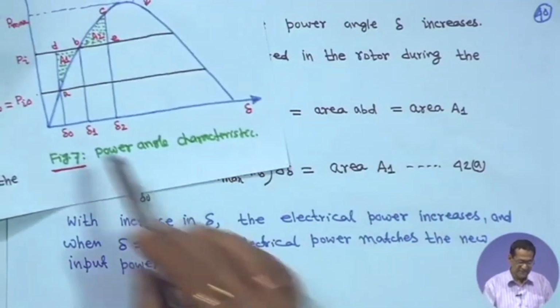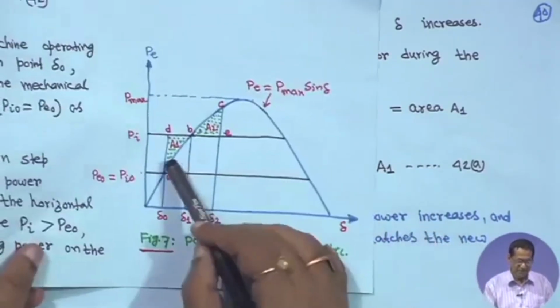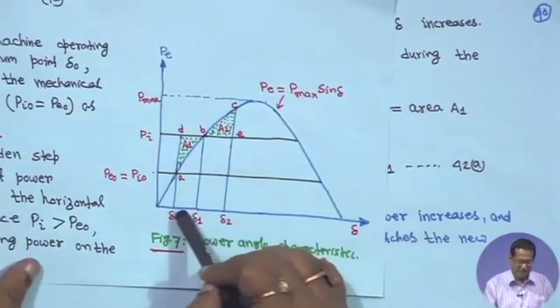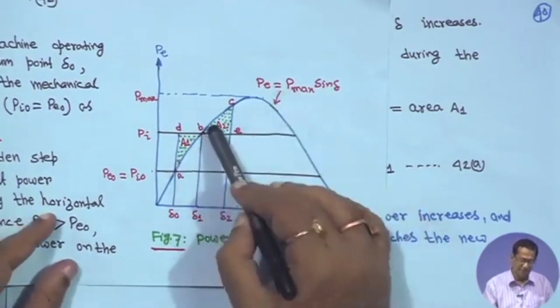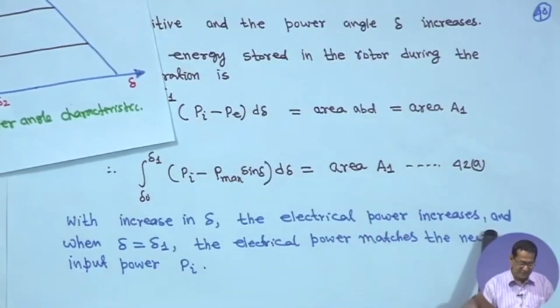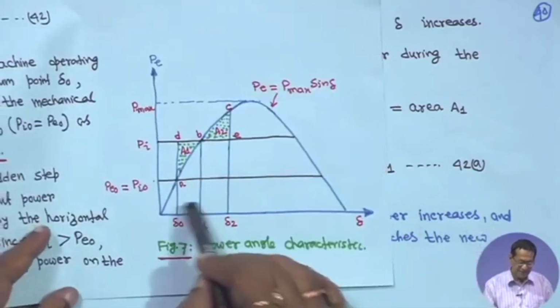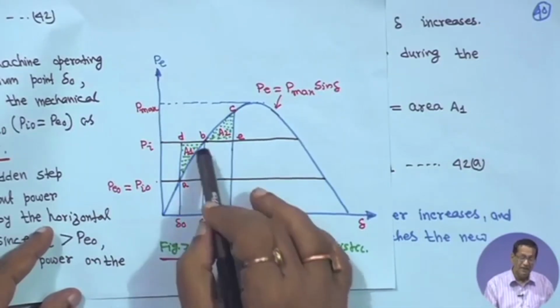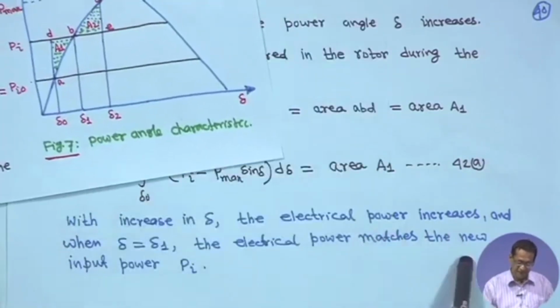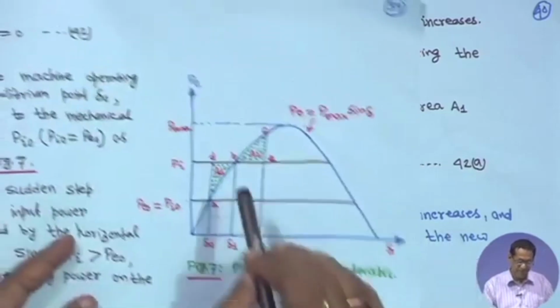Similarly, with the increase in δ, the electrical power increases. When δ is equal to δ1, the electrical power matches the new input power Pi.